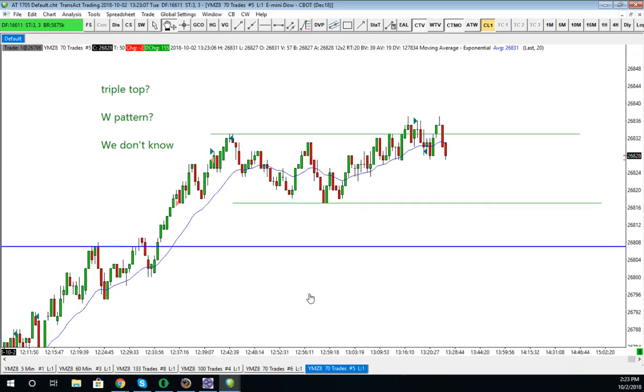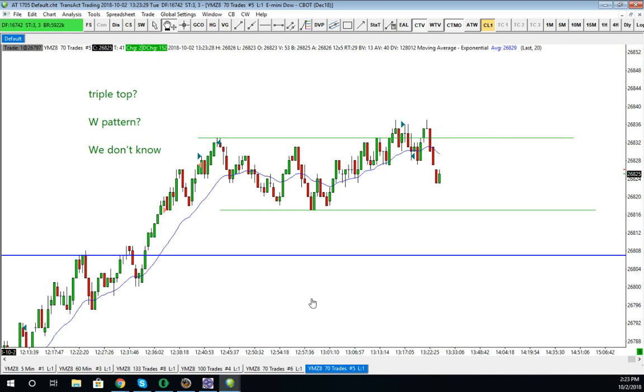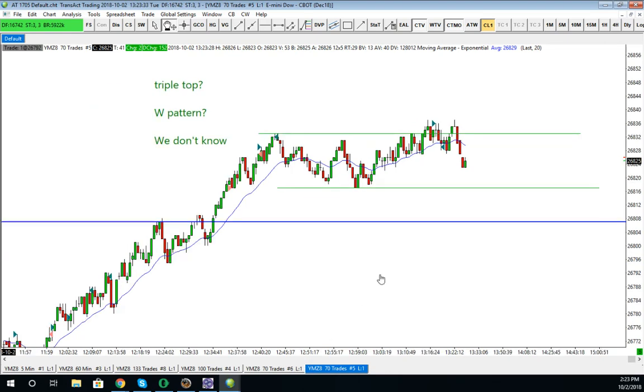It looks like there's a little bit of conviction in that selling, but let's see. We have a gap down. So something's going on. Do we think any of it's tradable?